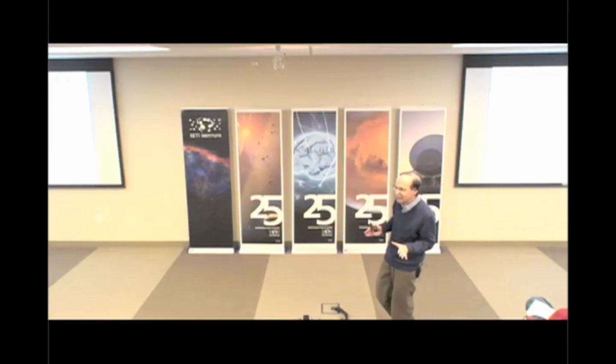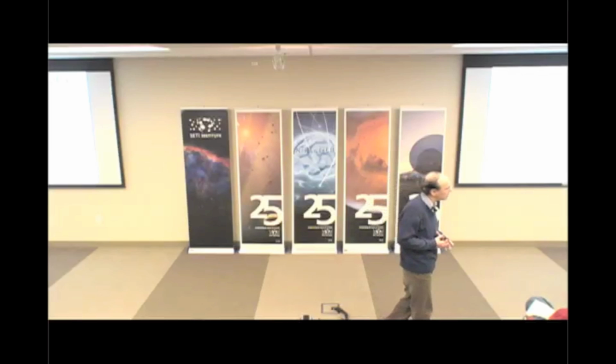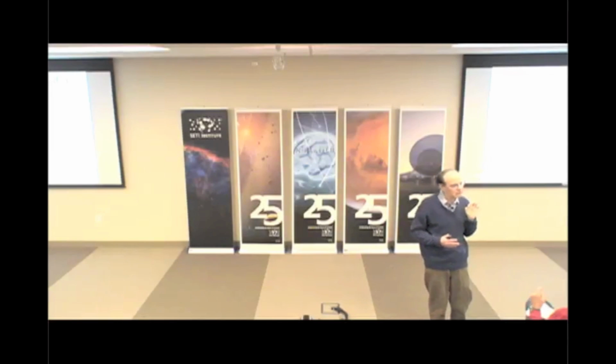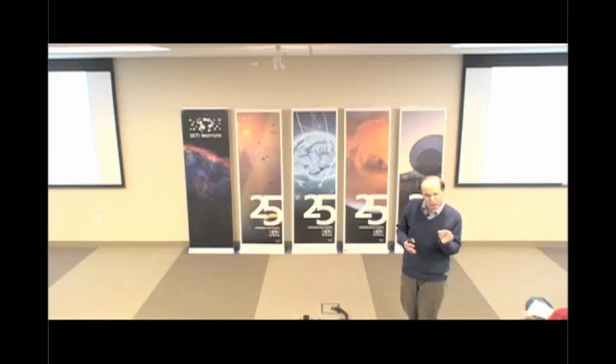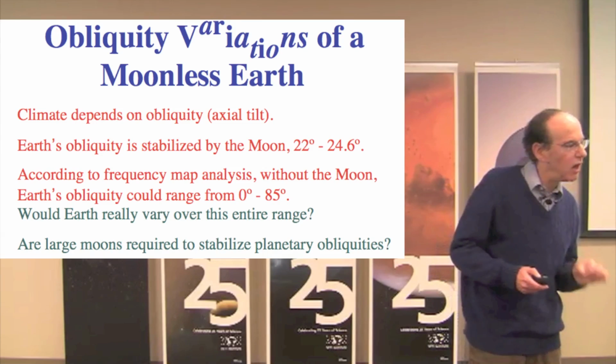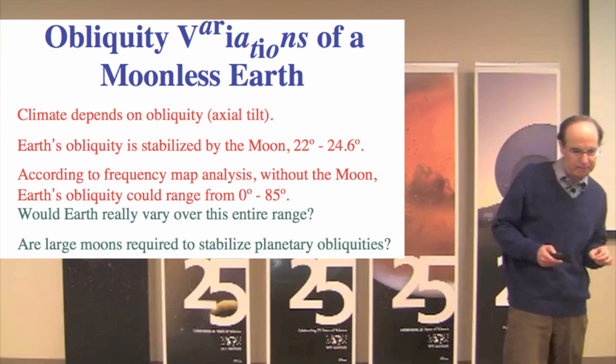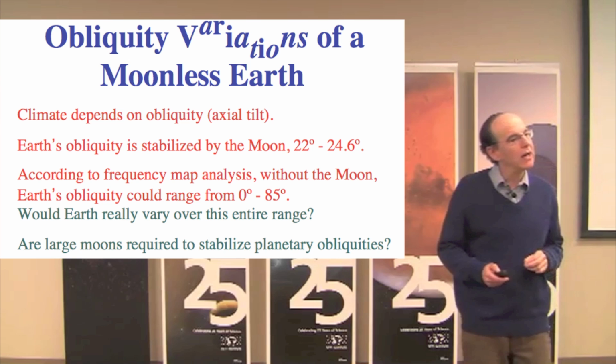Now that happens to be because we're in a very sensitive period in the climatic effects of Earth where we're right at the borderline, but still it illustrates that very small changes in Earth's obliquity can have profound effects on climate and therefore planetary habitability.